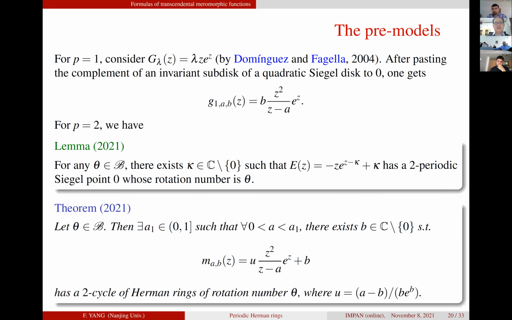For the quasi-conformal surgery, you can use the standard method to construct the Herman rings from the Siegel disk, and then after straightening the resulting quasi-regular map, you will obtain a meromorphic function. What you need to do is verify that the resulting meromorphic function has this form.